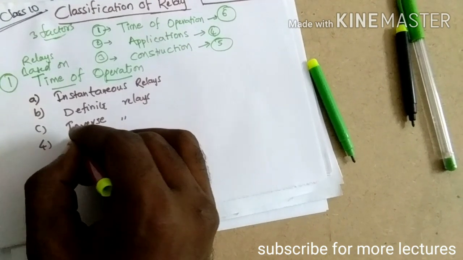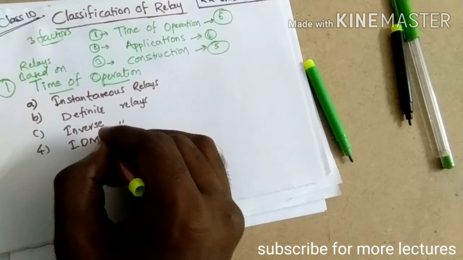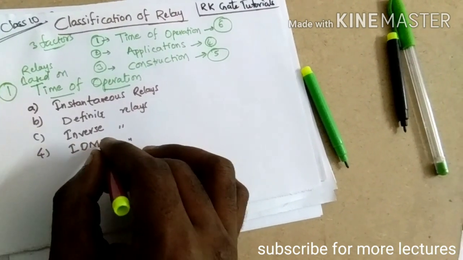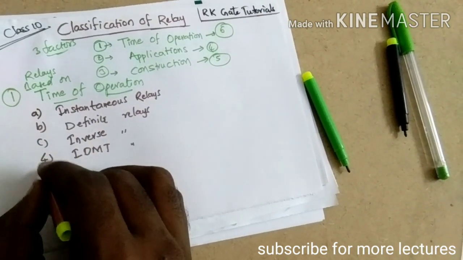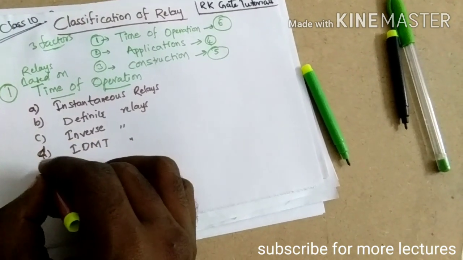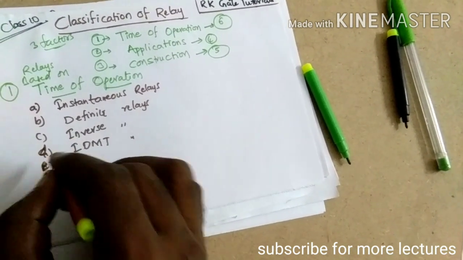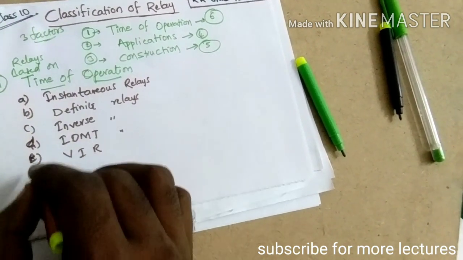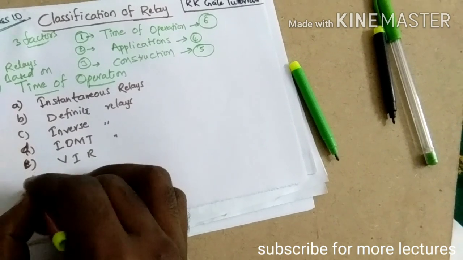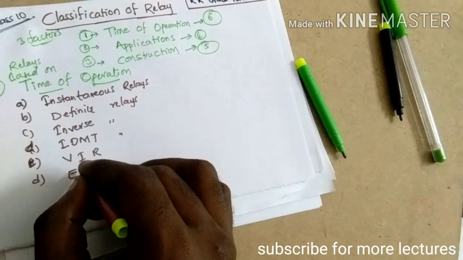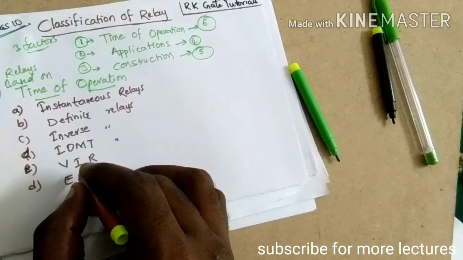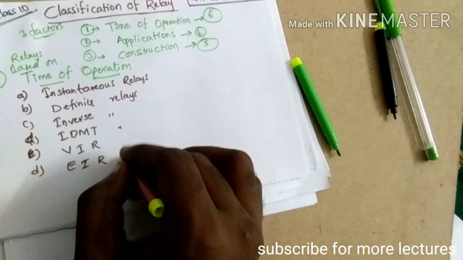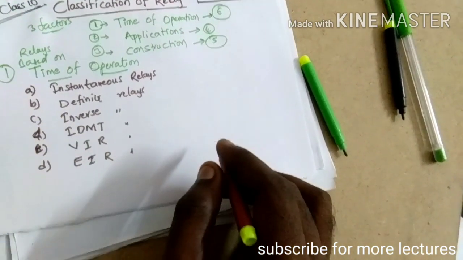Fourth one is IDMT relays. IDMT means inverse definite minimum time relays. Fifth one is very inverse relays. And finally, extreme inverse time relays. So these are all based on the time of operation.